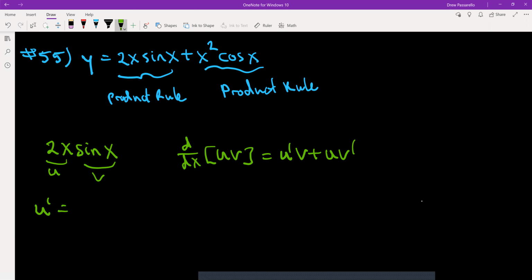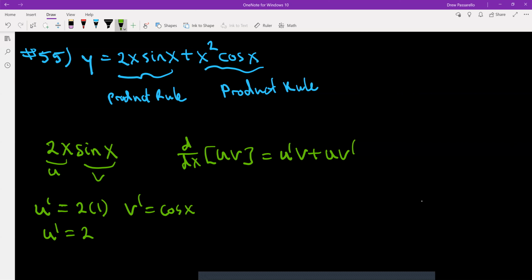So u prime, the derivative of 2x is 2 times 1, which is 2. So u prime is 2. v is sine x. The derivative of sine is cosine. So v prime is cosine x.